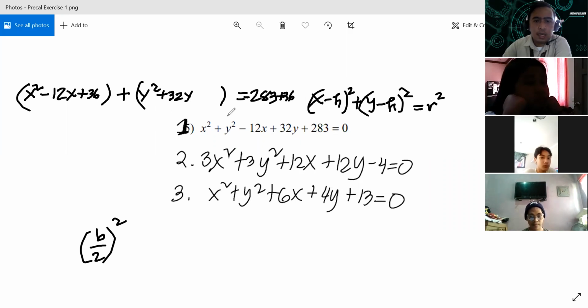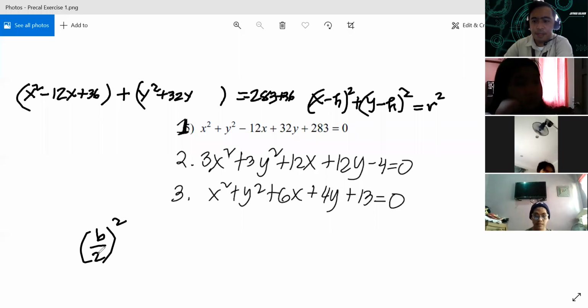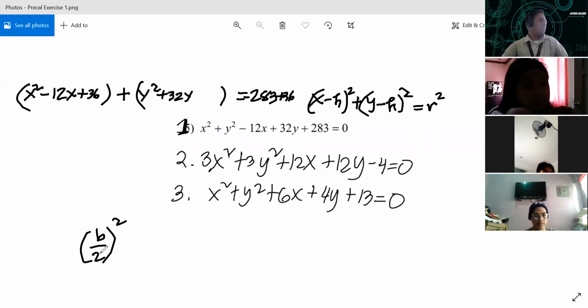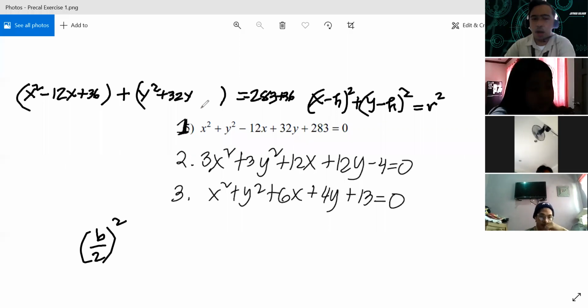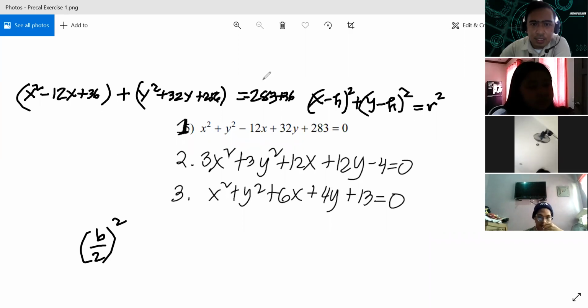Next, here you want this also to be a perfect square. So you just have to follow this one. 32 divided by 2 is 16, right? And if you take the square of 16, what is 16 squared? 256.